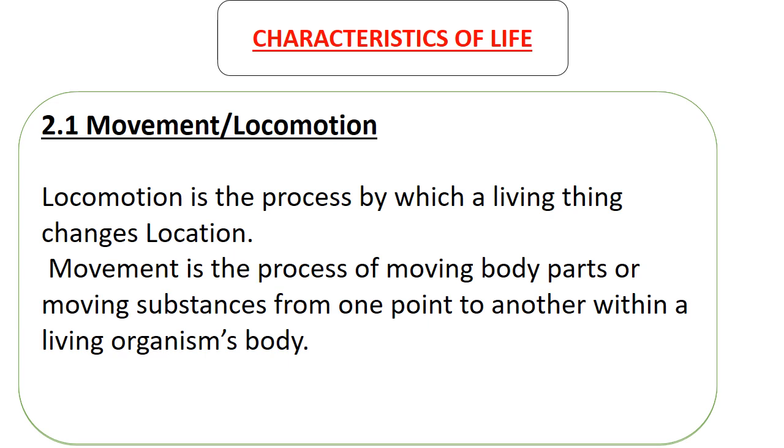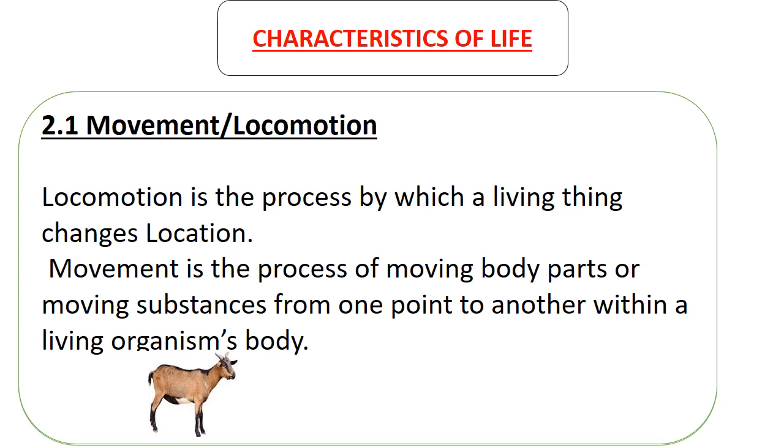One can argue that trees are not living things because trees do not move, they don't change location, but they do move substances within their body. Some liquid or fluid substances can be moved from one part of a plant to another. So that's movement. A living thing must be able to do movement and locomotion.